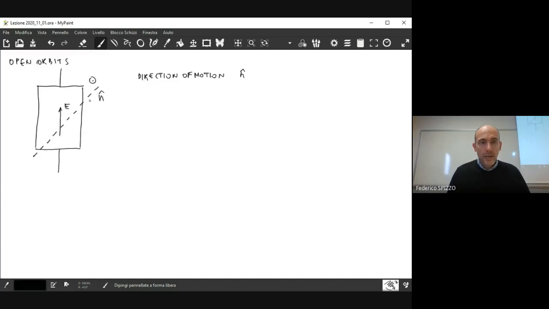In general, if you apply an electric field parallel to E, the motion of the charge will be parallel to E. But in this case, the motion may not take place along this direction because the open orbits are along n. So something has to happen to prevent the electron from following the trajectory of the open orbit, due to the fact that the electric field that you apply from the outside is not along n.